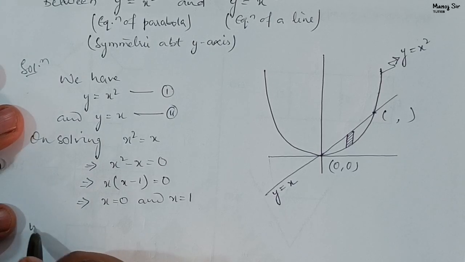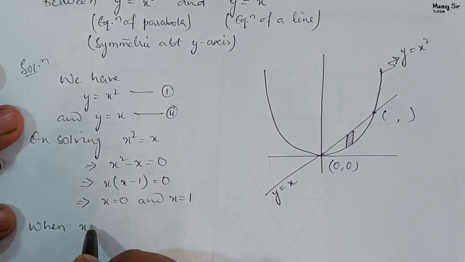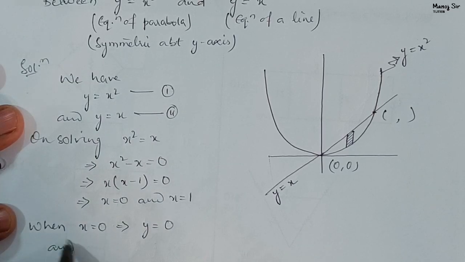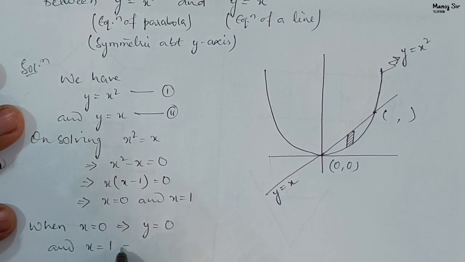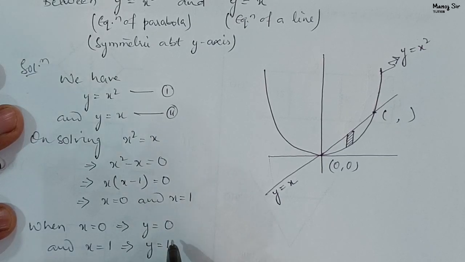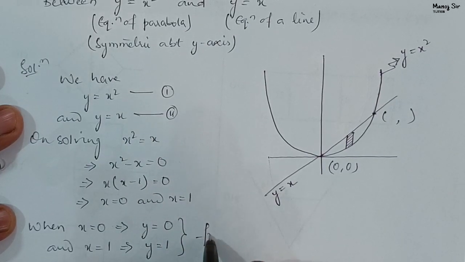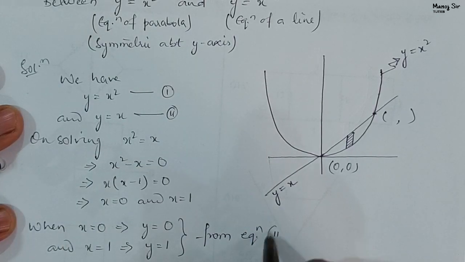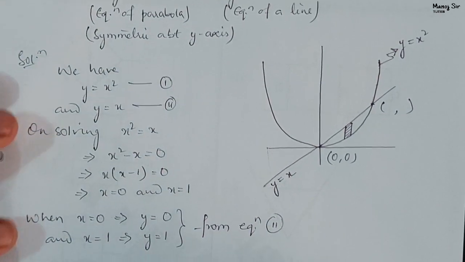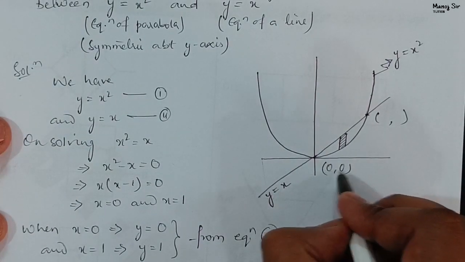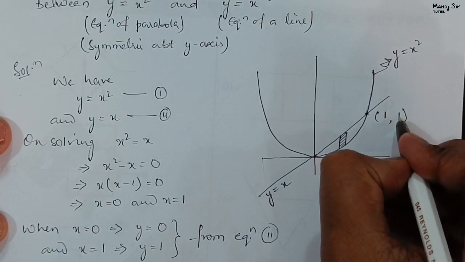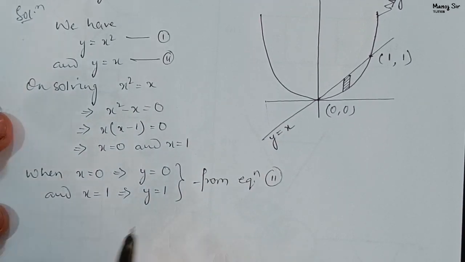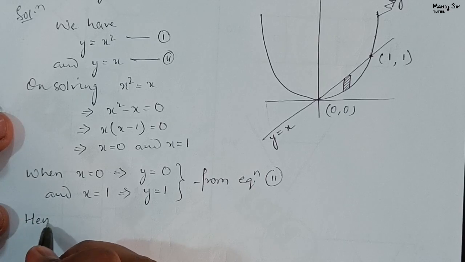So we can say when x equals 0, y equals 0, and when x equals 1, y equals 1 from equation 2. So we can say the intersection points are 0 comma 0 and 1 comma 1, because when the value of x is 1, y equals 1.